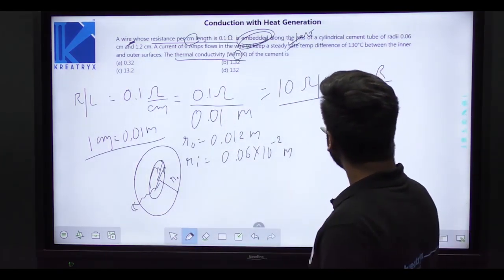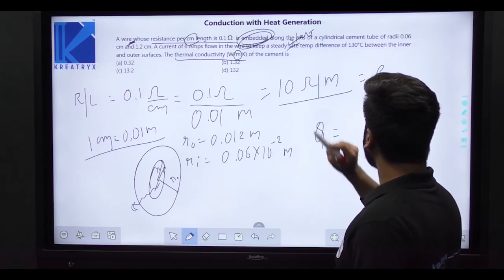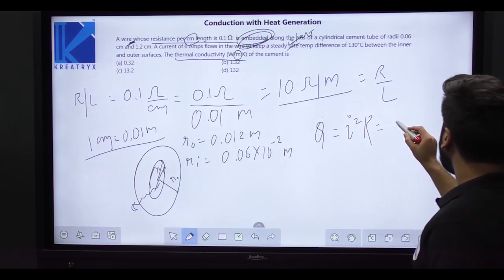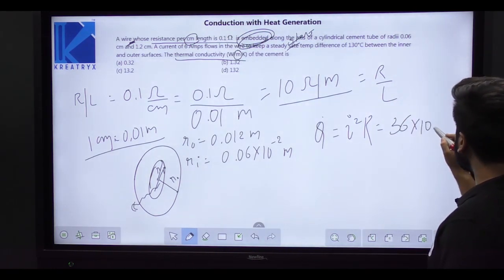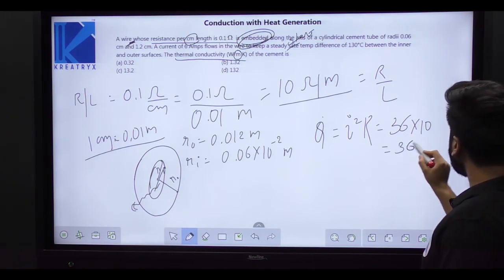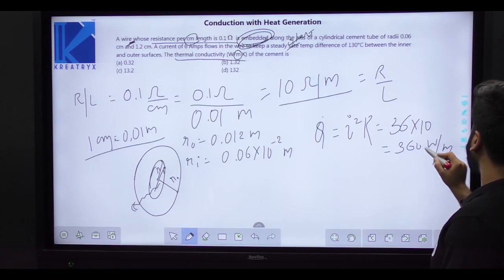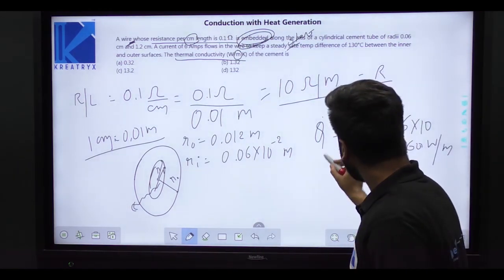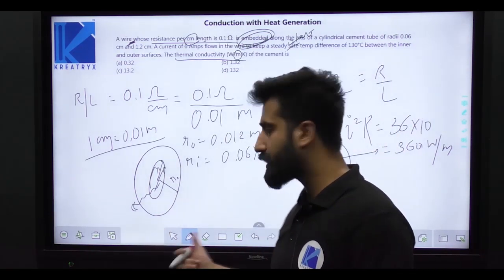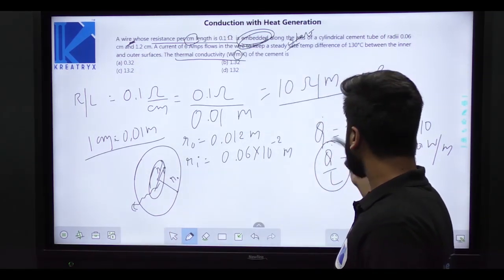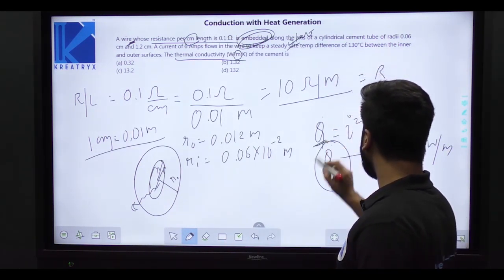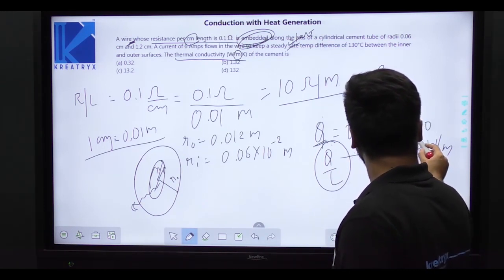So heat generated in the wire, Q dot, is equal to I square R. I is 6 ampere, so that is 36 into 10, ohm per meter. So this will be equal to 360 watt per meter. Basically this is Q dot by L, or we simply write it as Q in heat transfer, which denotes rate of heat transfer. So Q by L is 360 watt per meter.